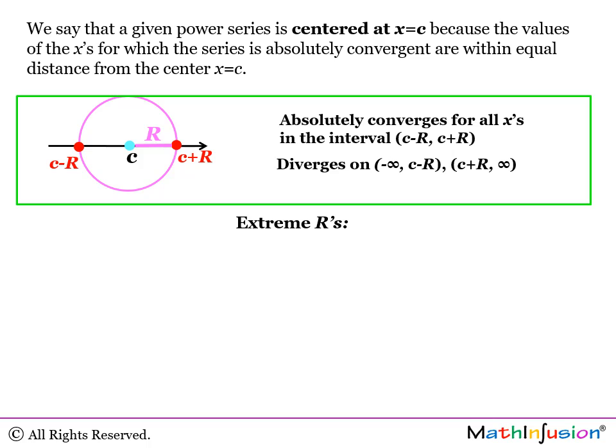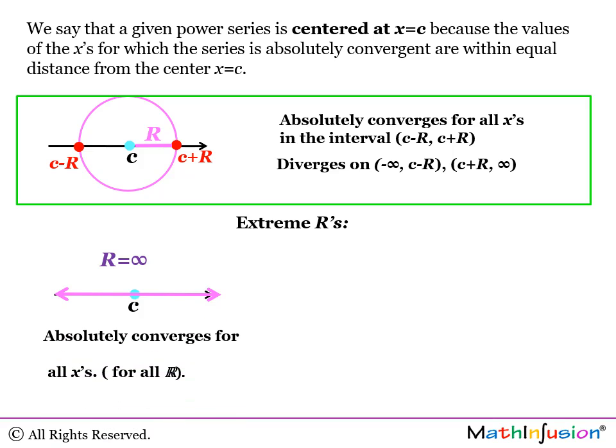There are two extreme r's. One extreme case is when r is infinity. If the radius equals infinity, then we will get actually all the values of the x's. In this case, the series absolutely converges for all x's.